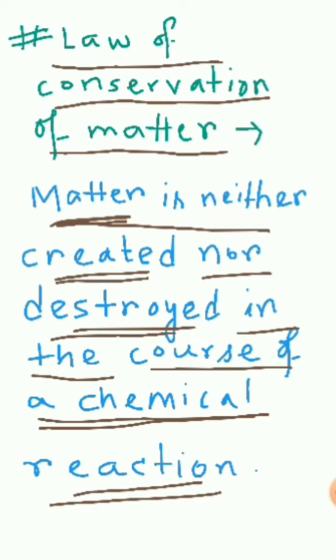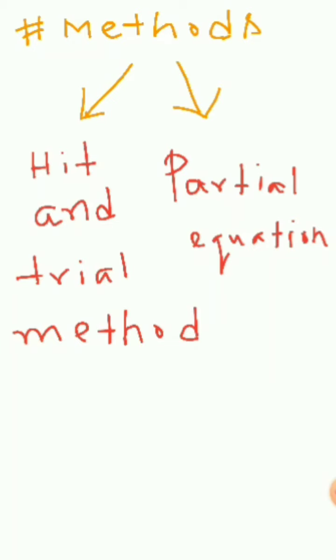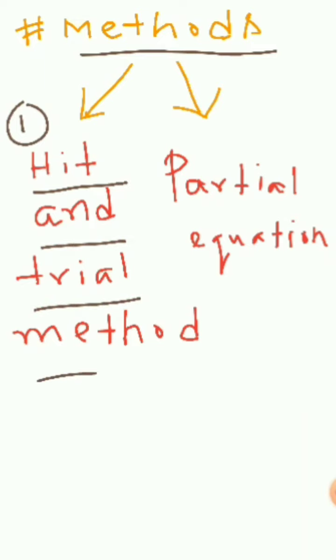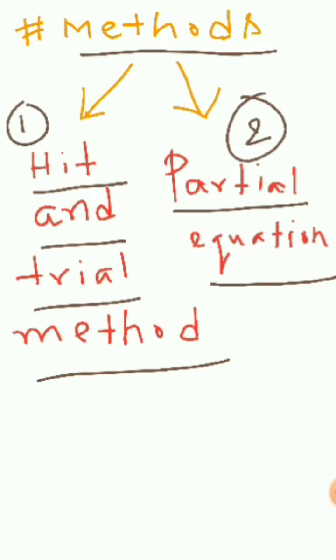Here, to balance a chemical reaction, we have to follow two types of methods. Number one is the hit and trial method, and number two is the partial equation method.